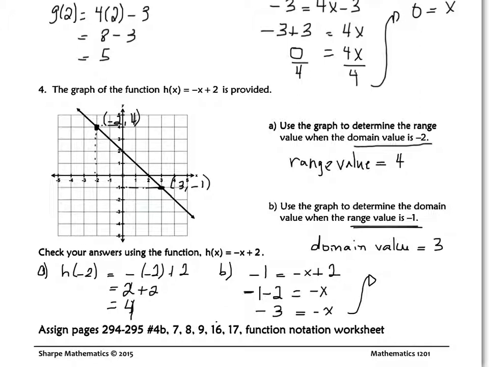And then if we divide both sides by negative 1 to get positive x, we end up with 3 equals x, which is the same thing as x equals 3.